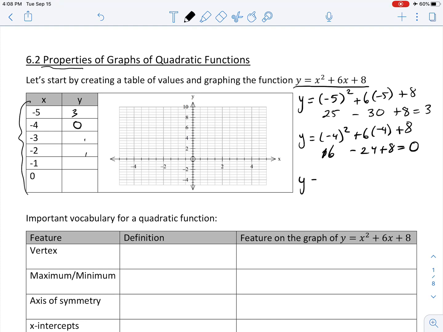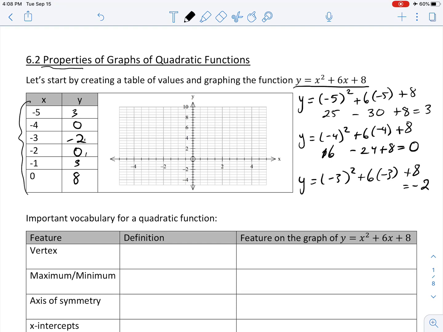We'll do one more. (-3) squared plus 6 times -3 plus 8, which turns out to be -2. So if I fill in the rest, -2 and 0, 3, and 8.